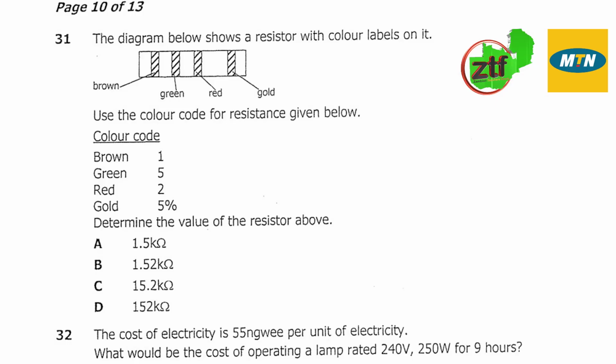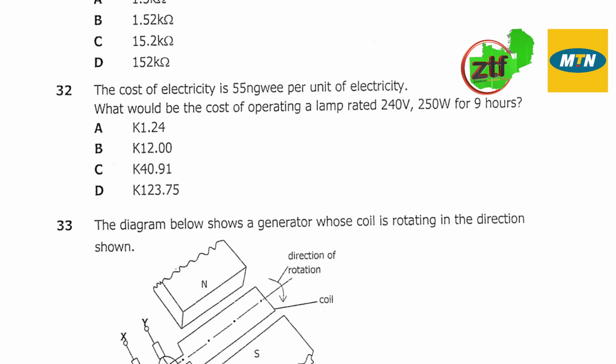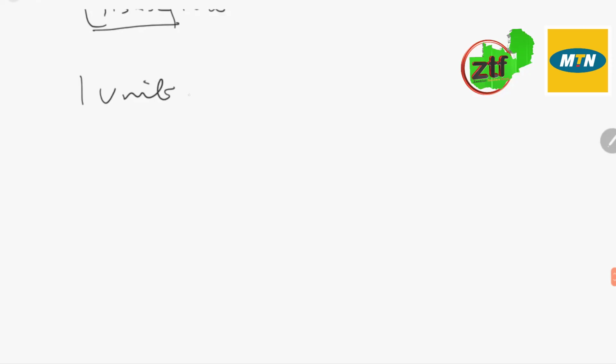The cost of electricity is 55 ngwe per unit of electricity. What would be the cost of operating a lamp rated 240 volts, 250 watts for 9 hours? We go back to these calculations and take note of the fact that 1 unit of electricity is the same as 1 kilowatt hour.